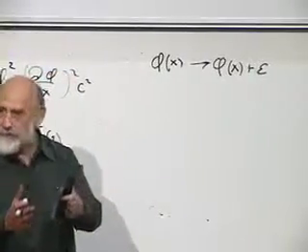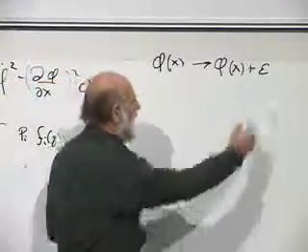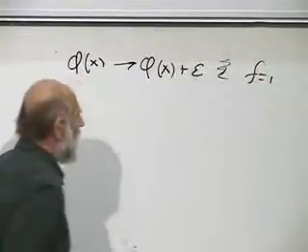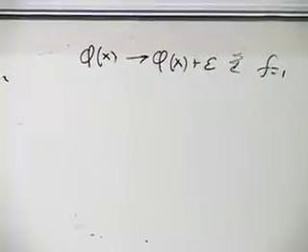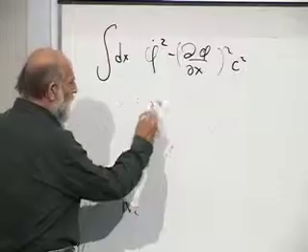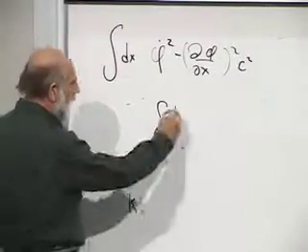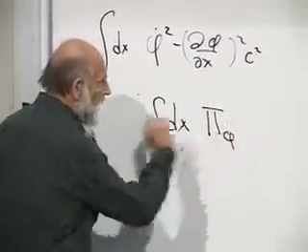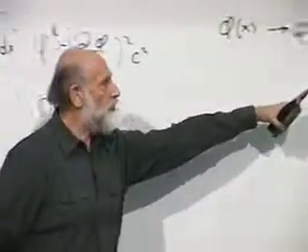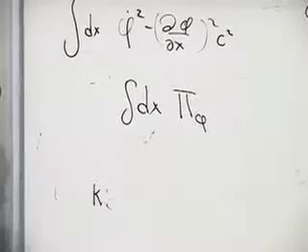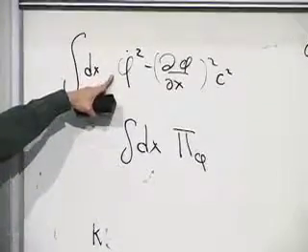Everybody's been shifted by the same amount. So the answer for the conserved quantity is the integral, the sum becomes an integral, dx, of the canonical momentum conjugate to phi, times f, which is just 1. So it's just the integral of pi sub phi. But what is pi sub phi? It's the derivative of the Lagrangian with respect to phi dot.